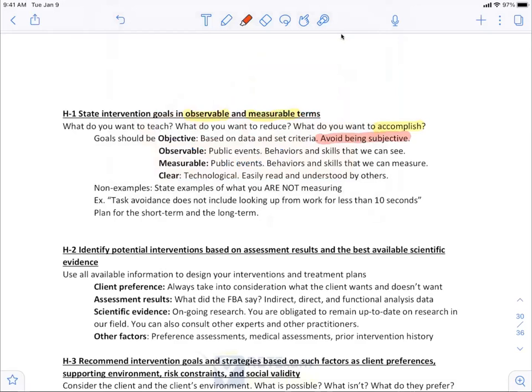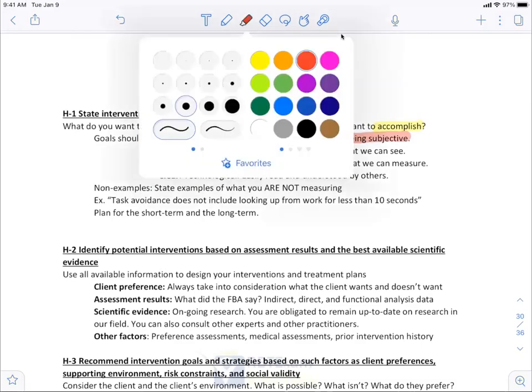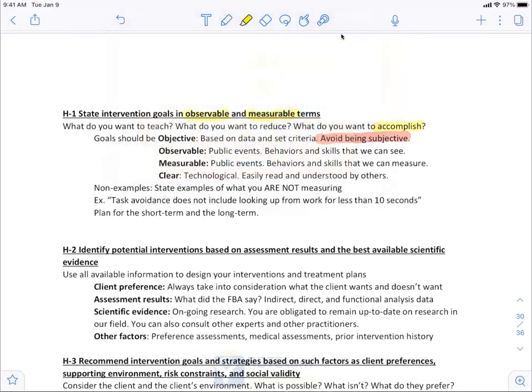We can't program to change someone's frustration. You can't observe it. You can't measure it. We need to have public observable events. Measurable, again, behaviors and skills we can measure. Observable and measurable, very important. And then clear, remember our dimension, technological: easily read, understood, and reproduced by others.